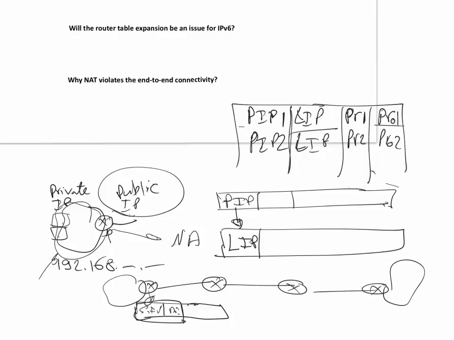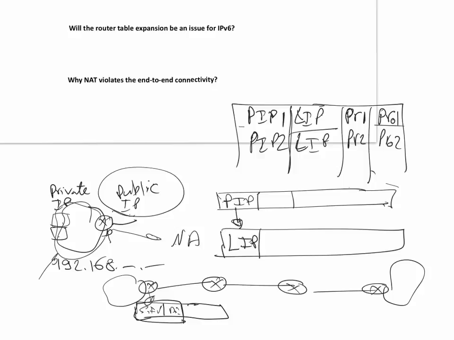But this has some implications. Okay? So some of the characteristics of IP address version 6, in addition to the fact that the address domain is huge: IP address version 6 eliminates NAT. And this way we can gain back the end-to-end connectivity. Now, when we say IP address does not change, we're serious. IP address does not change. Okay?